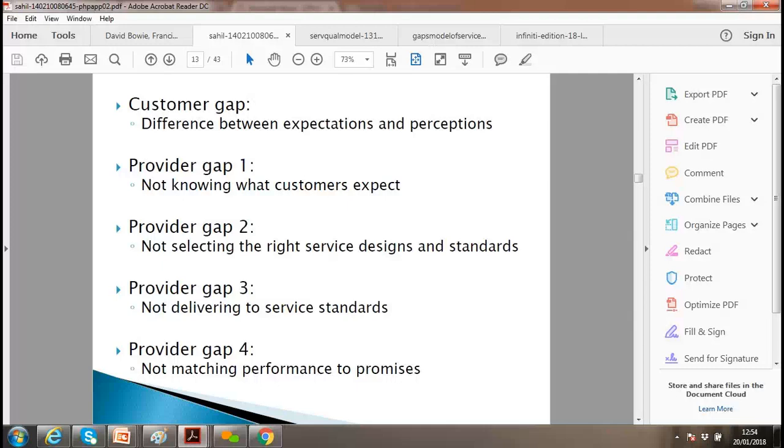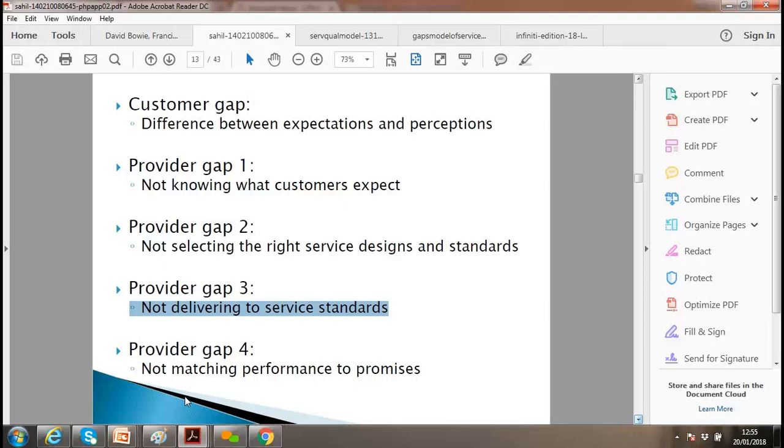Then there is not delivering to the service standard. If we're not delivering according to the service standard, what will happen? The customer will move around, and there will be a gap. Then there is not matching performance to promises.